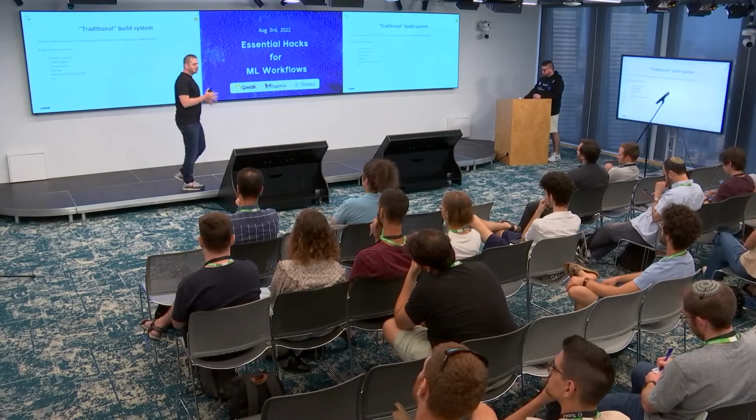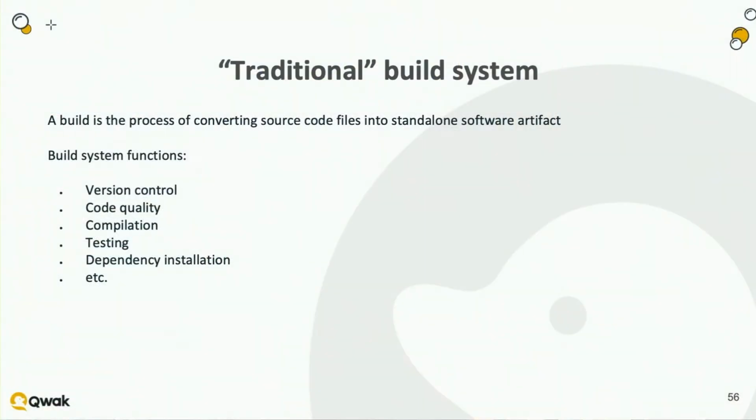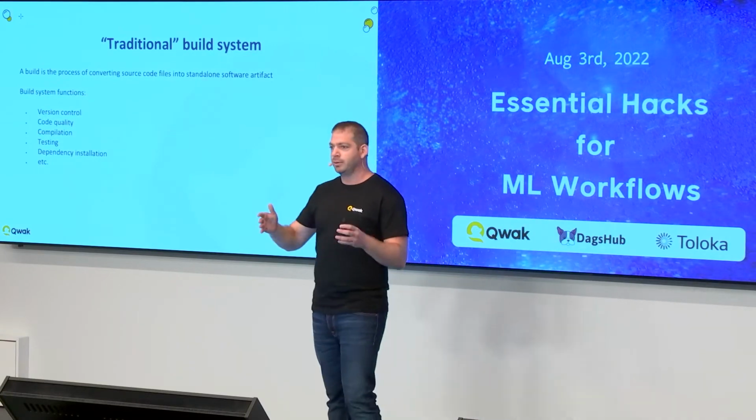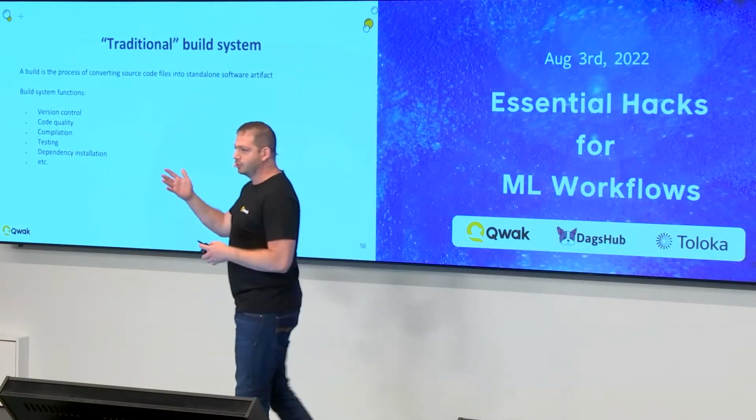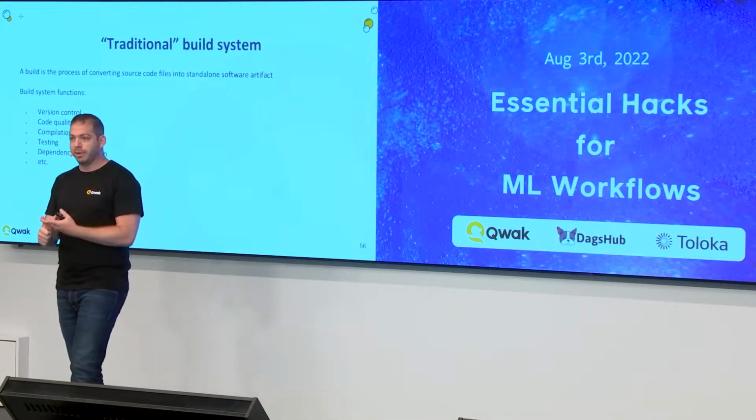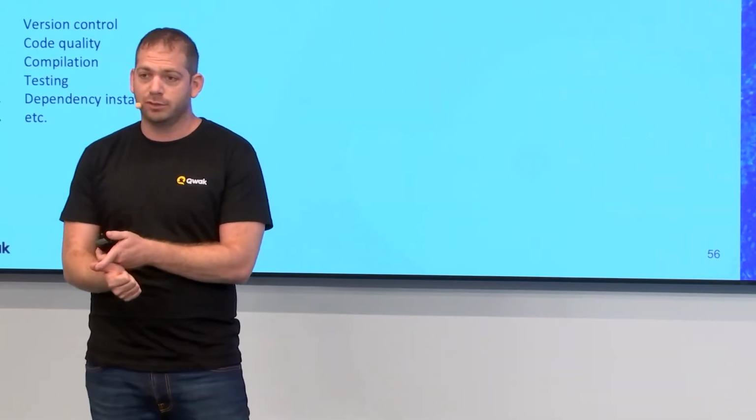So the first topic that I want to talk about is the traditional build system and what happens in ML. So for example, when I'm writing traditional code, let's say I have Java code, and I'm building a new version of that code. What I will usually do is not just push this code to production, right? Usually I have a build system that will take this code. First of all, it will manage the versions of this code.